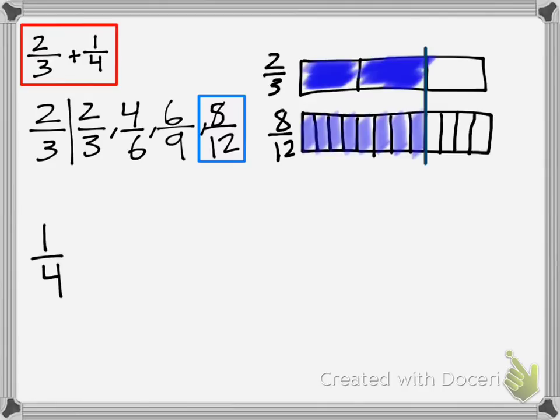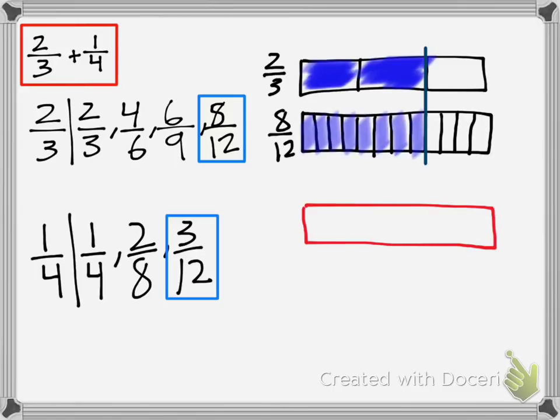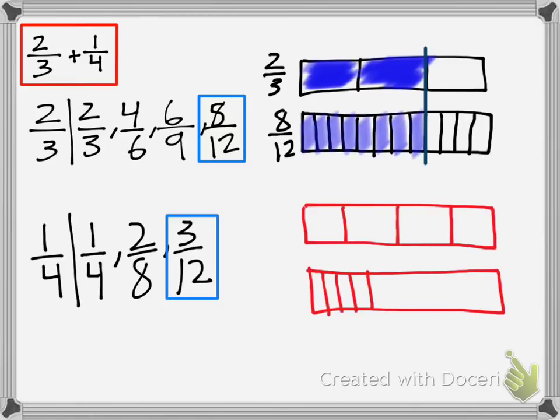Next, we're going to go to 1/4 and do the same process. So we've got 1/4, 2/8, 3/12, and bam, we have a common denominator, the number 12. So now we're going to make 2 more models, the first one being 1/4, and the second being 3/12.